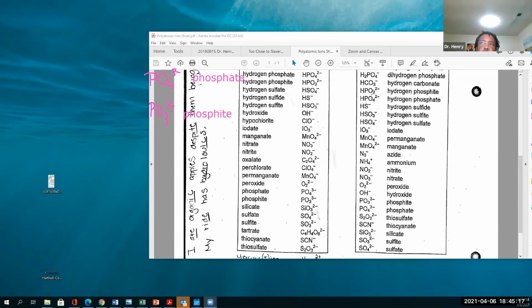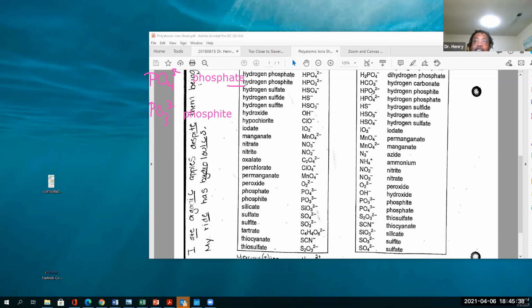So you see phosphate and phosphite. You notice the charge is still the same. What is the difference between phosphate and phosphite? One has 3 and one has 4 oxygens. Yes.